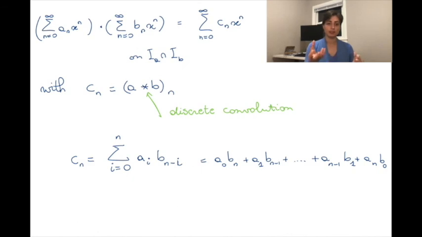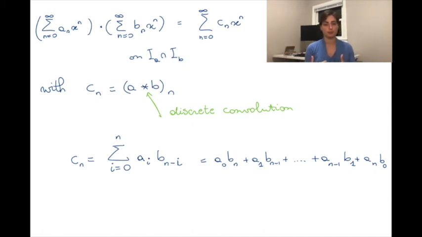And this discrete convolution is defined as c_n being equal to the sum from i going from 0 to n of a_i times b_(n minus i). That means it is a_0 b_n plus a_1 b_(n minus 1) plus a_2 b_(n minus 2) plus many terms until you get to a_(n minus 1) b_1 plus a_n b_0.